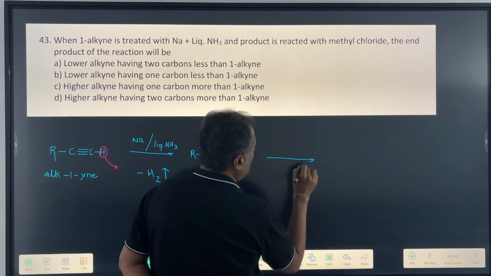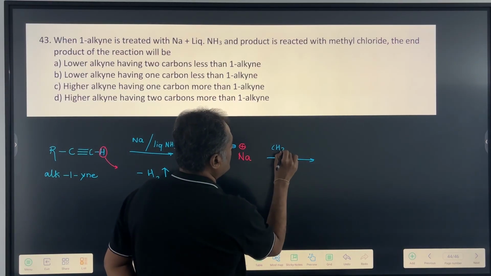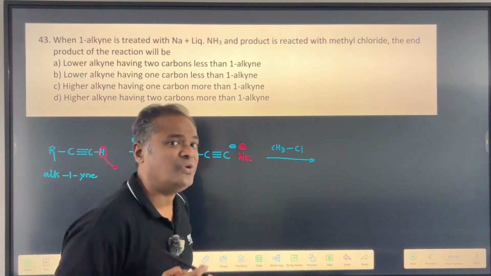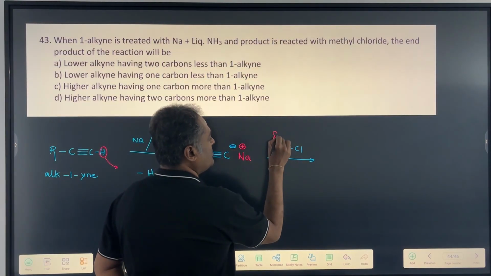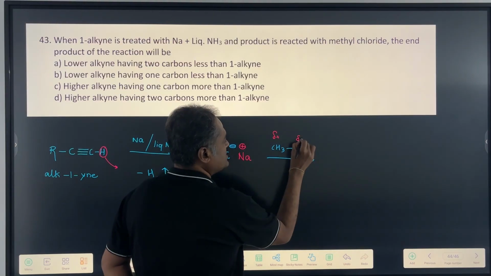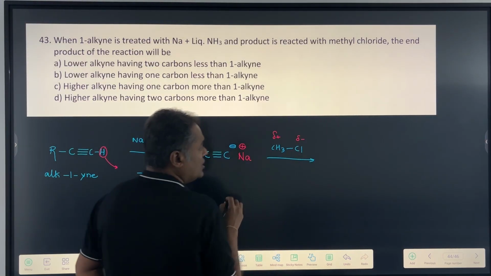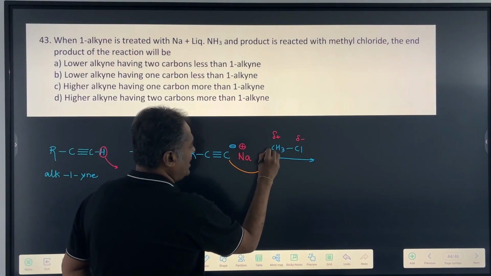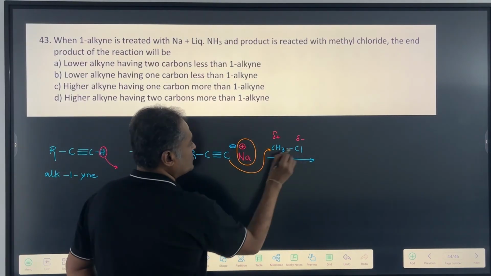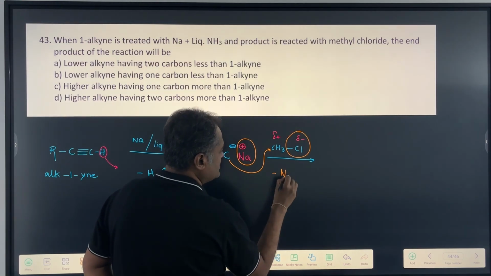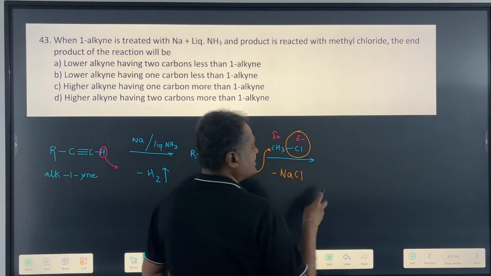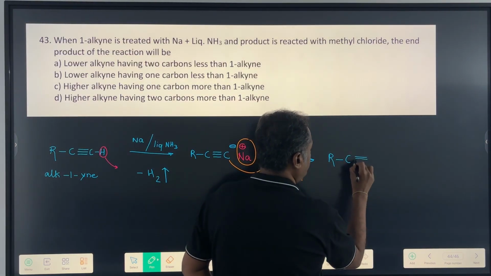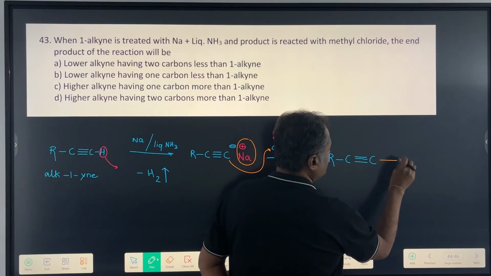Then they are telling that this compound is treated with methyl chloride. Now we know alkyl halide likes to undergo which reaction? Nucleophilic substitution. So, here this is a nucleophile, and Cl minus, and this is plus. Can you see over here a nucleophile will attack this carbon atom of methyl. So these groups will come out as a byproduct as NaCl, and the product obtained is R C triple bond C, and the new member came as methyl.